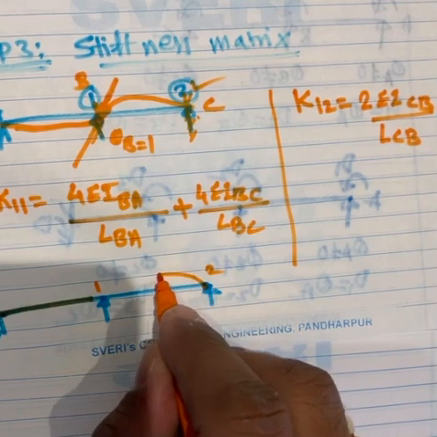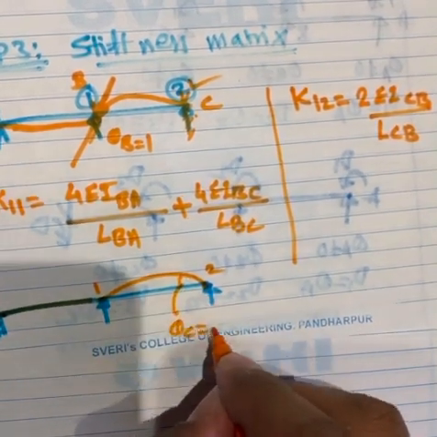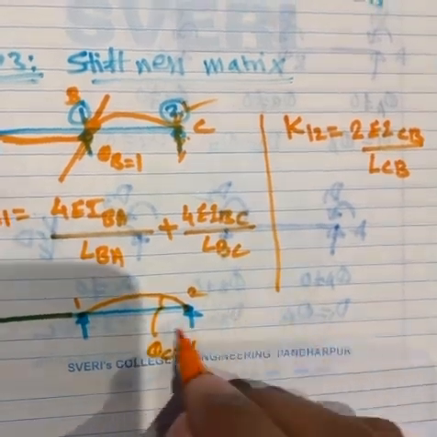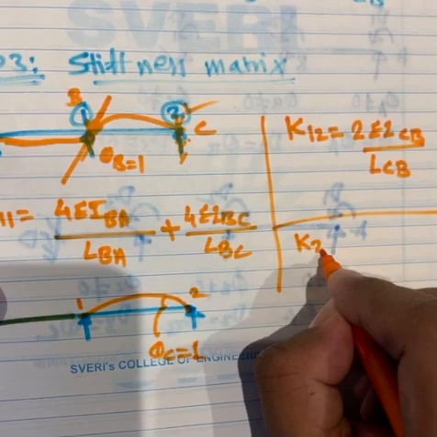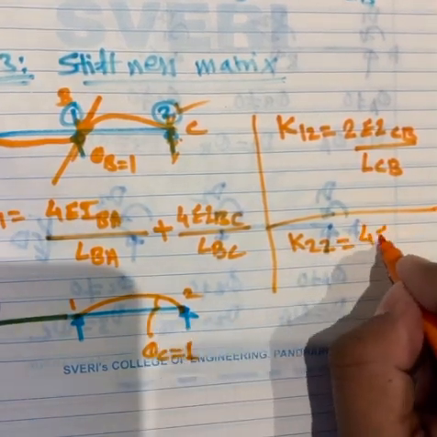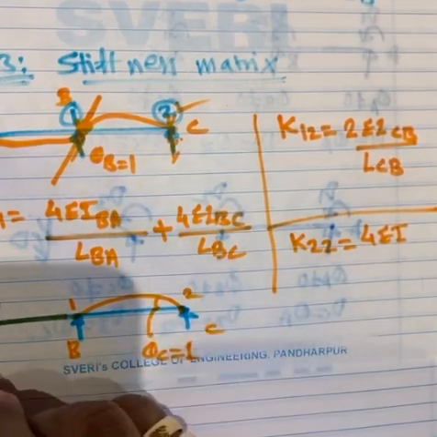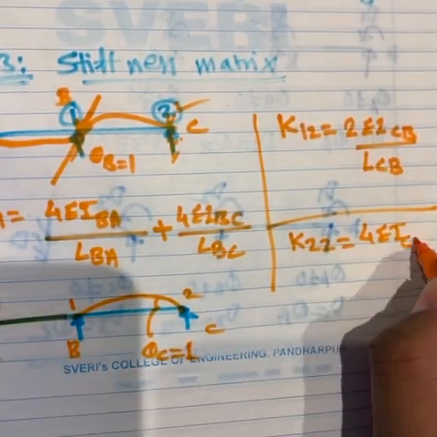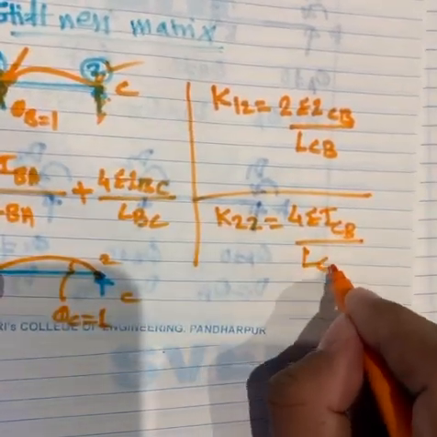It will simply rotate something like this, and we will call it theta C equal to 1. So now we will have K22. What is K22? It will be 4EI_CB by L_CB.